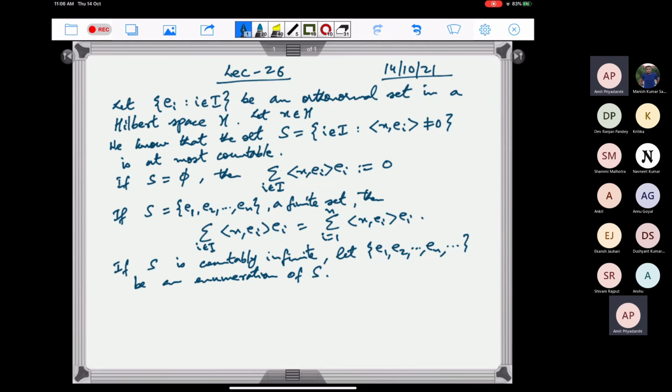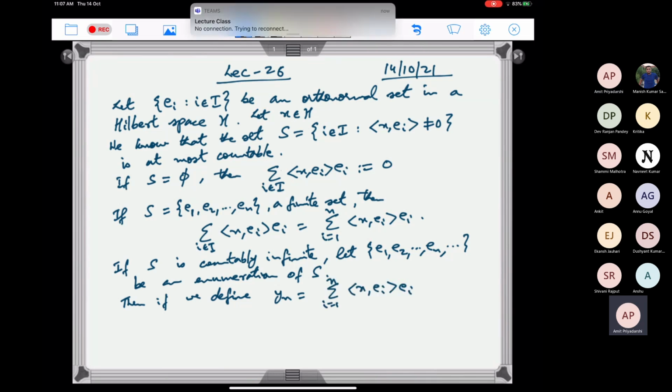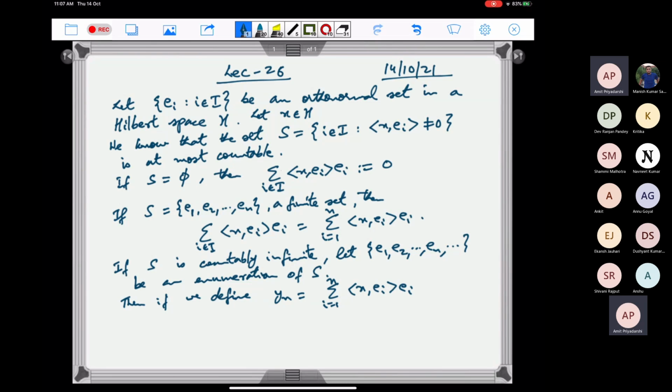So if we look at this partial sum, if we define y_n equal to the summation of (x, e_i)e_i, i equal to 1 to n, then what is the norm of y_m minus y_n, for m bigger than n?